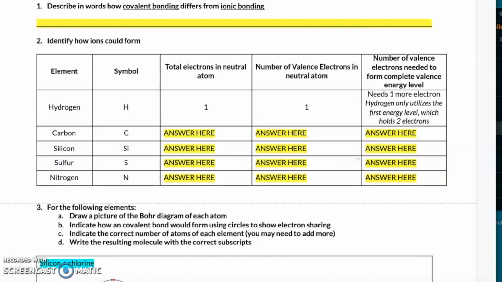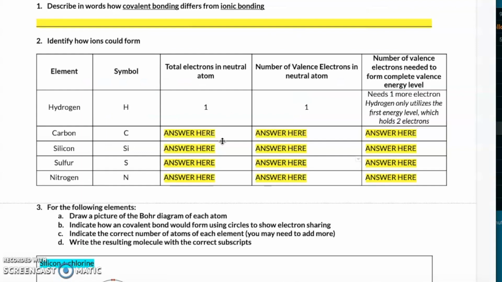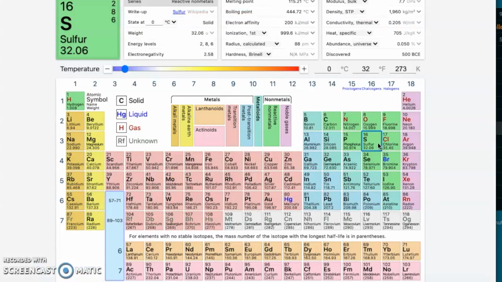I'll head on over to my periodic table, and I'm going to find sulfur right here. Let's gather some information. Sulfur has an atomic number of 16, meaning that all sulfur atoms have 16 protons. In a neutral sulfur atom, that means there would also be 16 electrons. Let's record that. Going back to my periodic table, I'm noticing that sulfur falls in group 16, or main group 6.